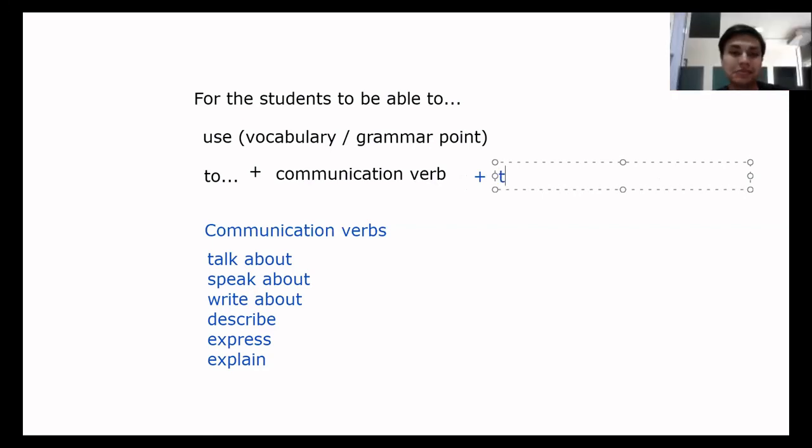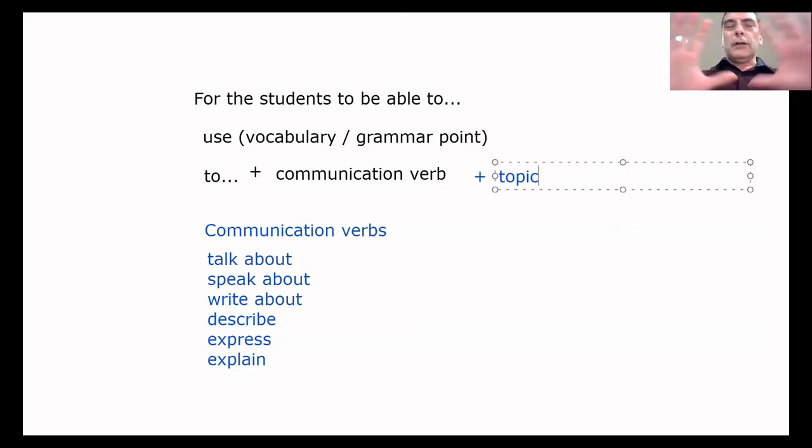Game of hangman. Okay, what are they talking about? They're talking about the lesson's what? Topic? Very good, yes. They're talking about the lesson's topic, in as much detail as possible.